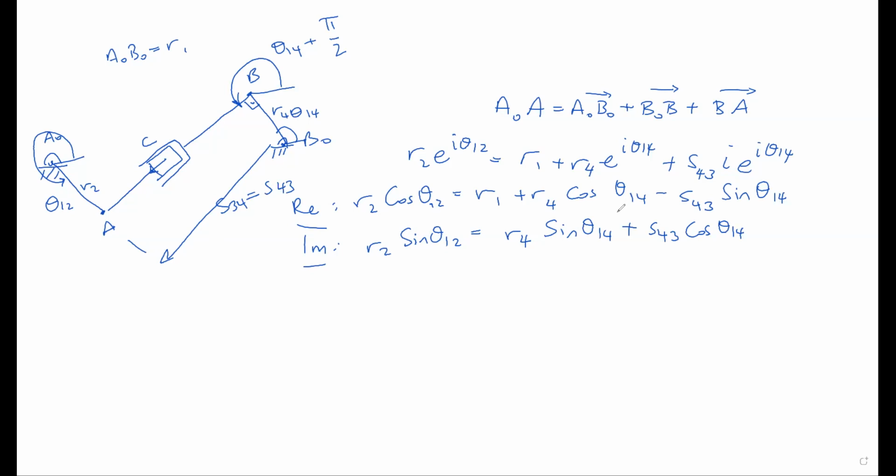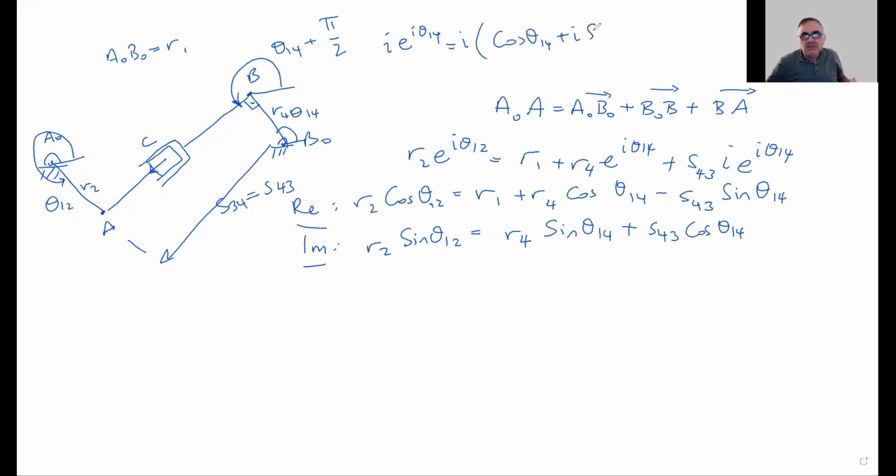Excuse me, why is the negative sign in the real part right before S43? Yes, okay. Now there is S43 e to the i theta 1,4. Now i e to the i theta 1,4 is i times cosine theta 1,4 plus i sine theta 1,4.